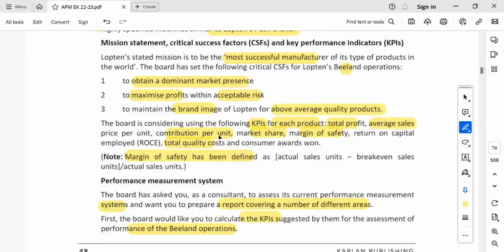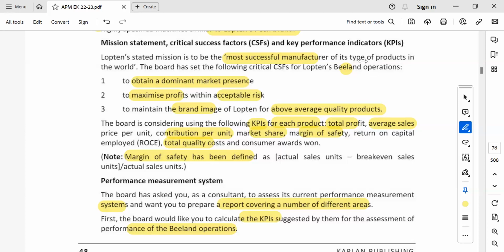Can you identify any factors from here? Exchange rates.